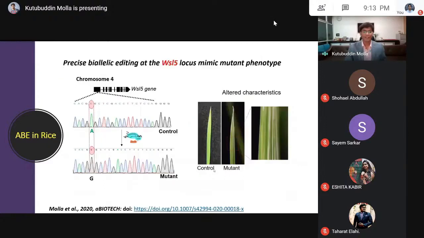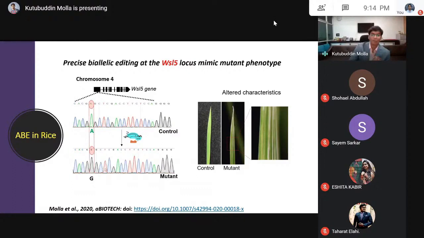Now you would be amazed to see this result when we compared the chromatogram sequence of the control with the mutant one. This is the control one. We targeted this A to change into a G, and we treated with the adenine base editor.